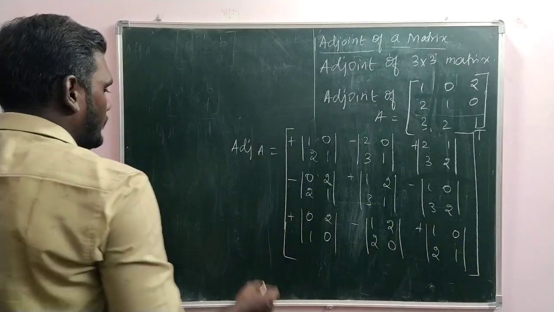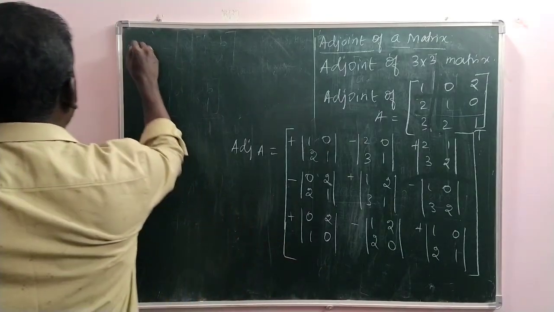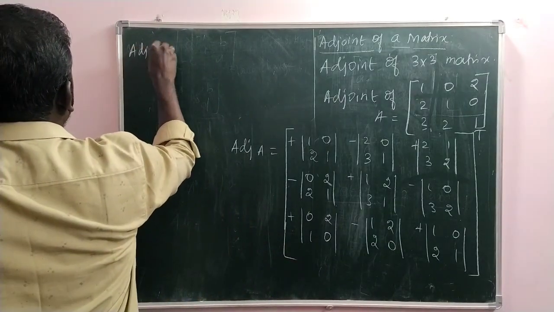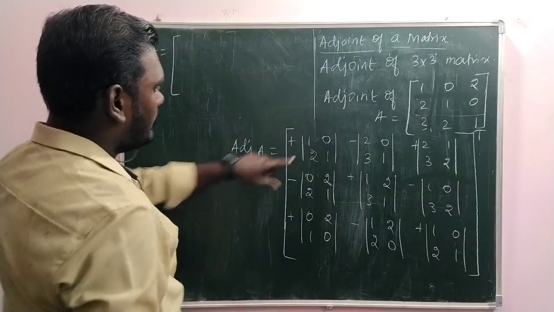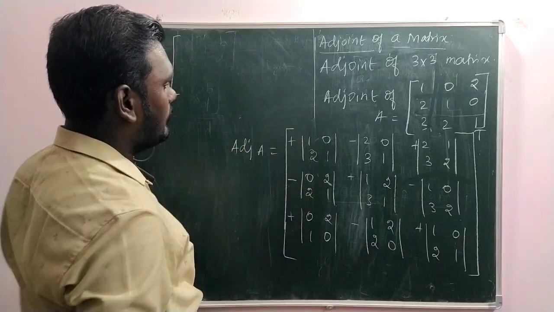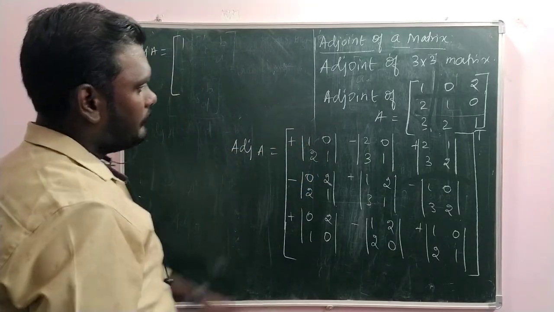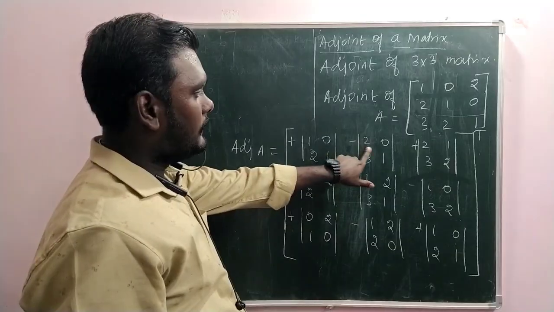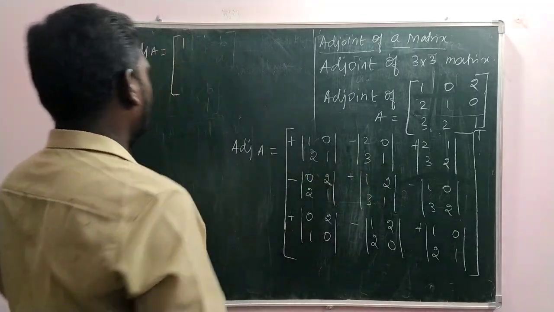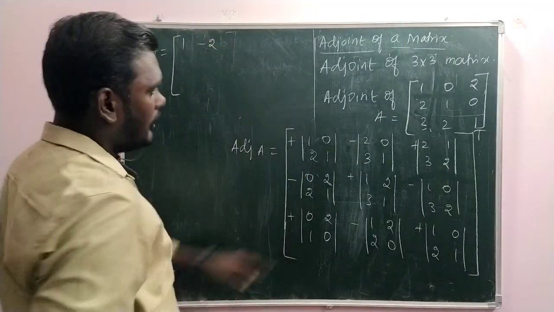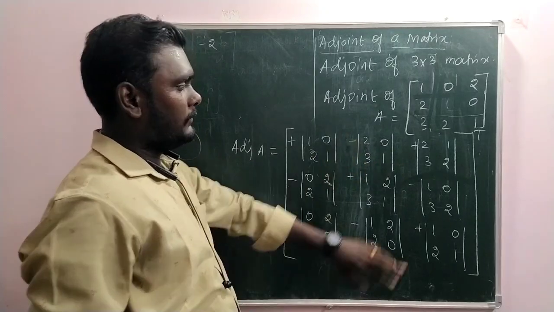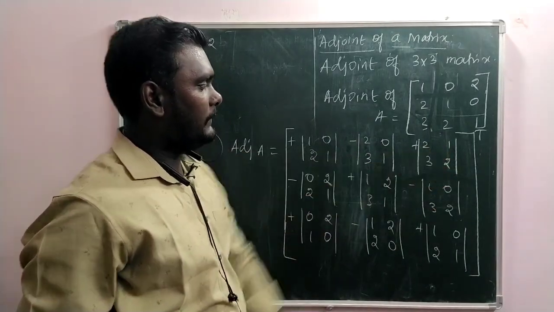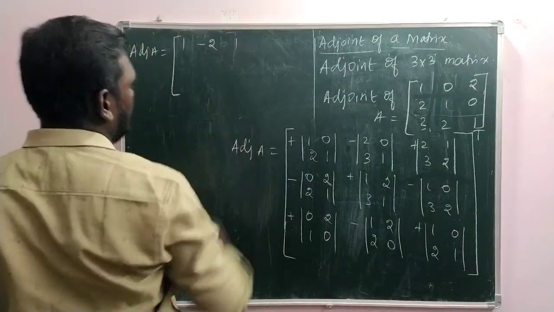Now find the determinants. The adjoint of A, this determinant is what? 1 minus 0, so that is 1 only. And this is 2 minus 2, because 2 minus 0 with a negative. This is 4 minus 3 plus 1.